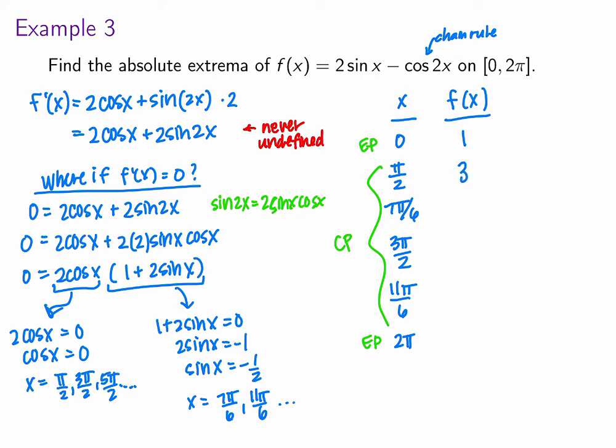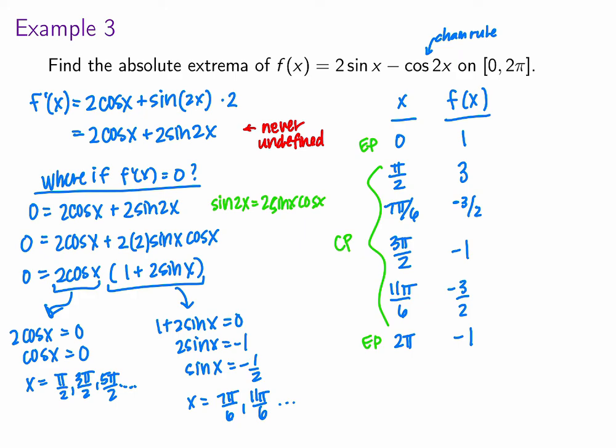If we plug in 7 pi over 6, we're going to end up with a negative 3 halves. If we plug in 3 pi over 2, we're going to get a negative 1. If we plug in 11 pi over 6, we get negative 3 halves. And if we plug in 2 pi, we get a negative 1. Okay, so that's all of our values there.